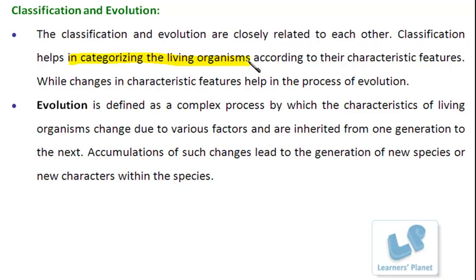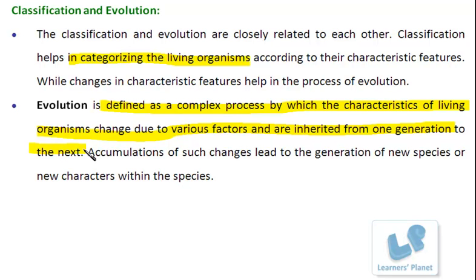So this classification is thus very important. Now the point is, as the changes are taking place, the process of evolution will occur. What is evolution? Evolution is defined as a complex process by which the characteristics of living organisms change due to various factors, and then these changes are inherited from one generation to another.